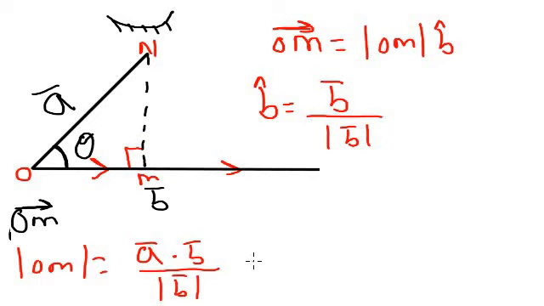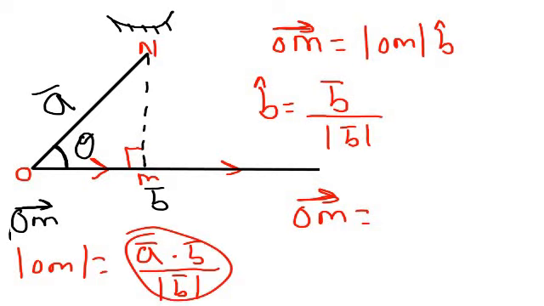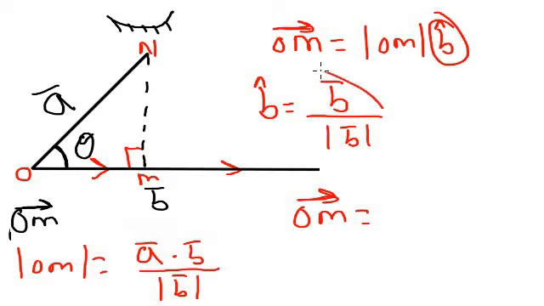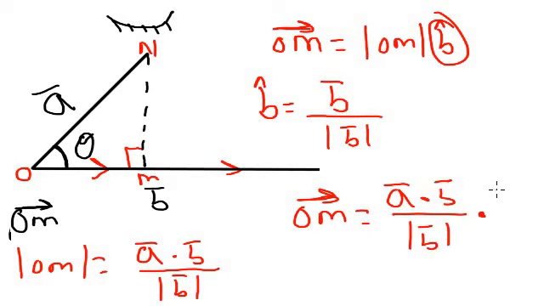So that means we are almost there. We can now determine vector OM itself by just replacing the magnitude of itself by this, and the unit vector of B by this. And therefore we have A dot B divided by the magnitude of B, then multiplied by B divided by the magnitude of B again.